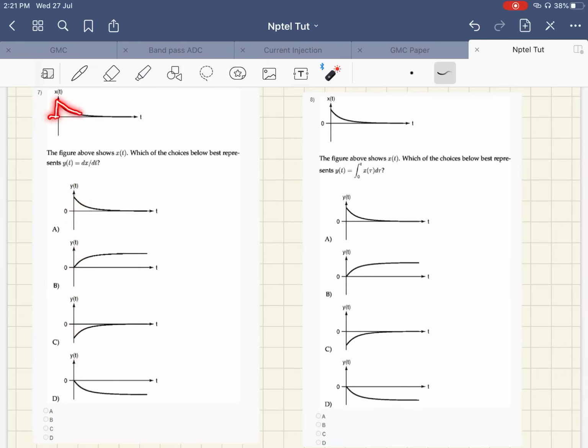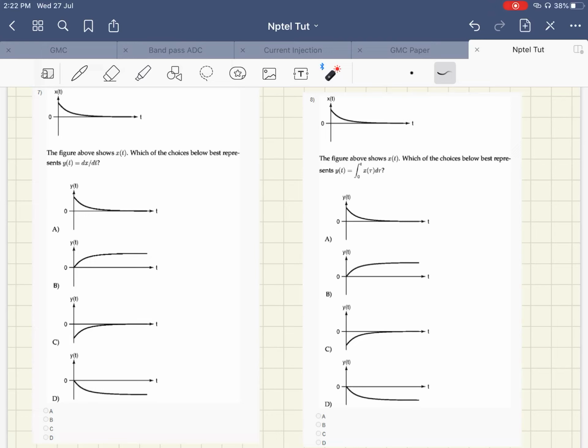Because there is a step in the original waveform. After that, what we need to observe is the original waveform is decreasing. Since the original waveform is decreasing, its derivative must be negative. So A and B cannot be the correct answer.